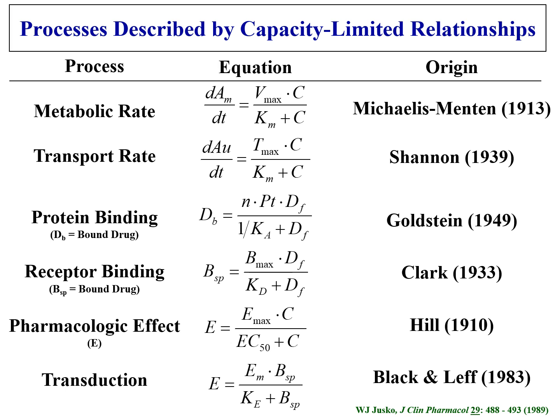We will be looking at plasma protein binding concepts and apply the equation from Goldstein, the third equation that you see. I just showed you receptor binding and pharmacological effect equations that comprise parts of pharmacodynamics. And lastly, there's an equation for transduction that will be introduced later in pharmacodynamics as well.